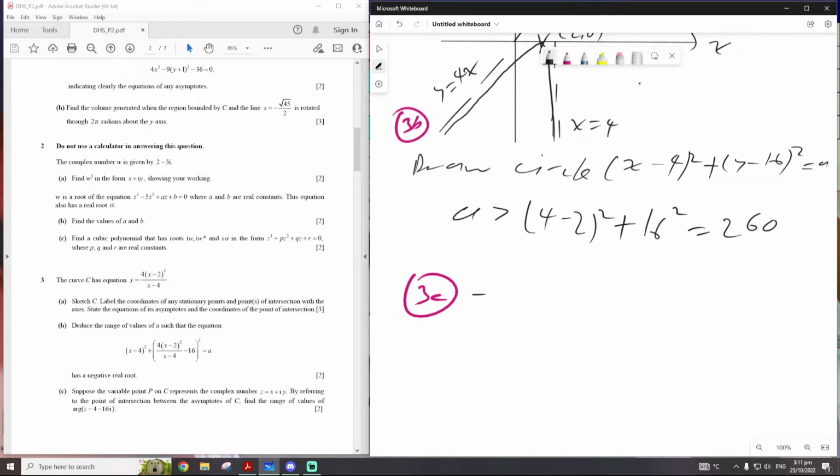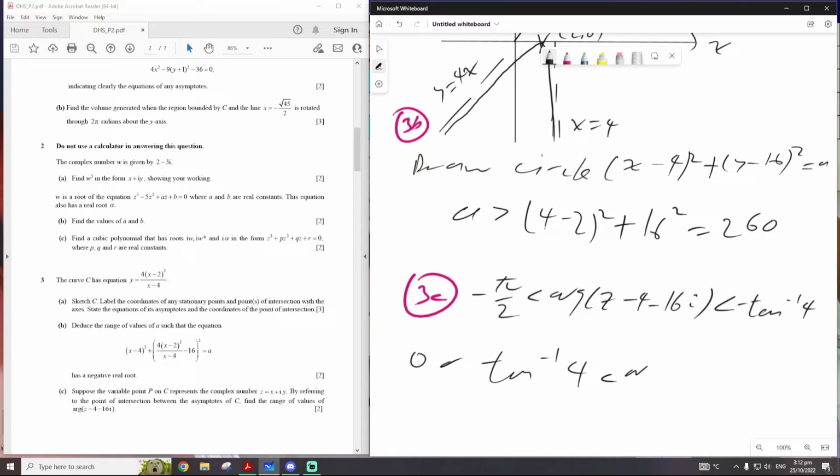So therefore negative pi over 2 is less than argument z minus 4 minus 16i, which is less than negative tangent inverse of 4, or tangent inverse 4 is less than the argument, which is less than pi over 2. Yeah, that's actually the answer. Not sure what working they expect though, so maybe you can go and think about it. But this should be the answer.